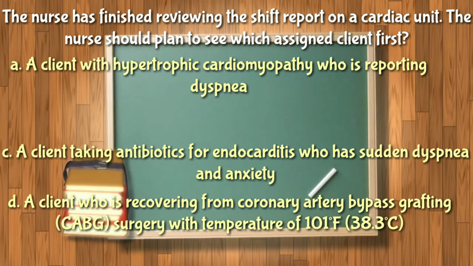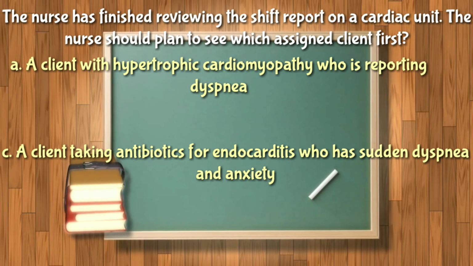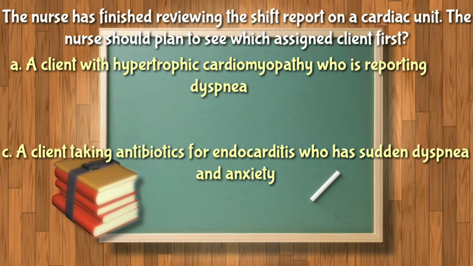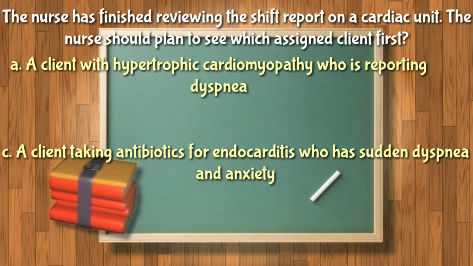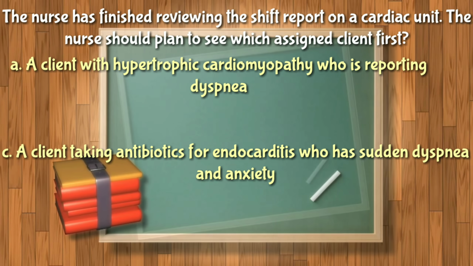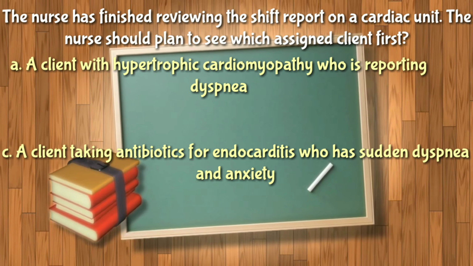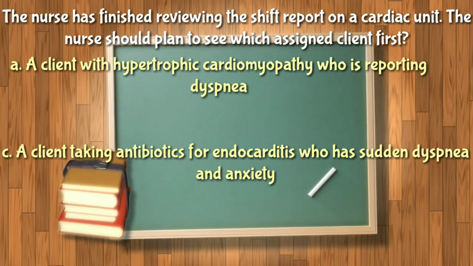Now between the two, as you can see, both of them have a problem of the airway, which is dyspnea. But take note, a patient with hypertrophic cardiomyopathy is expected to have this symptom, because dyspnea is a chronic symptom with hypertrophic cardiomyopathy, which also requires assessment.